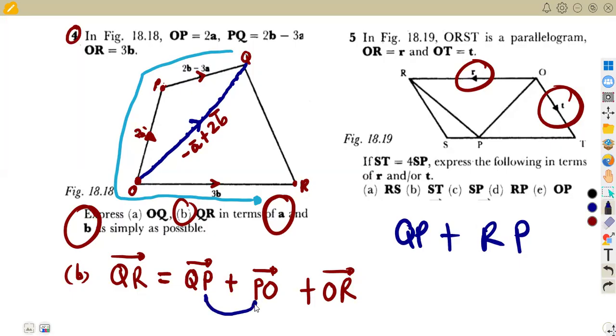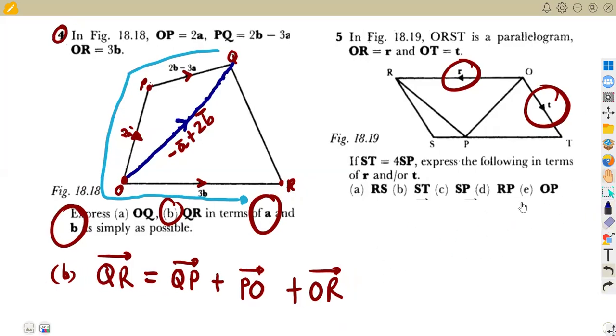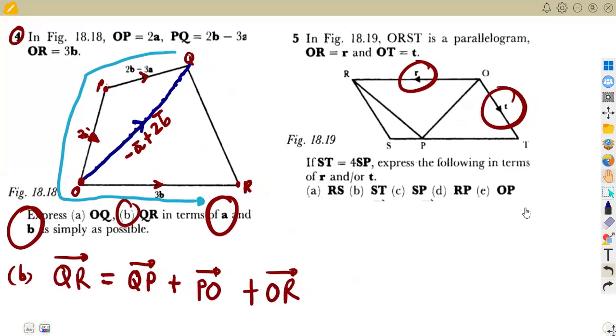It links with P. We end it at O. We start with O. It must join. Then this whole part QR is the original. If you consider this, these two are not linking up, so it's wrong. QP, this is QR. So it tells you this is wrong. Take note. All right. So you're just going to substitute there.